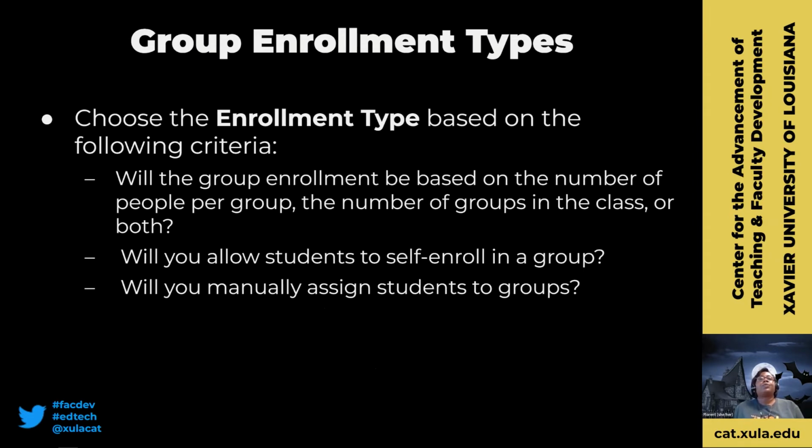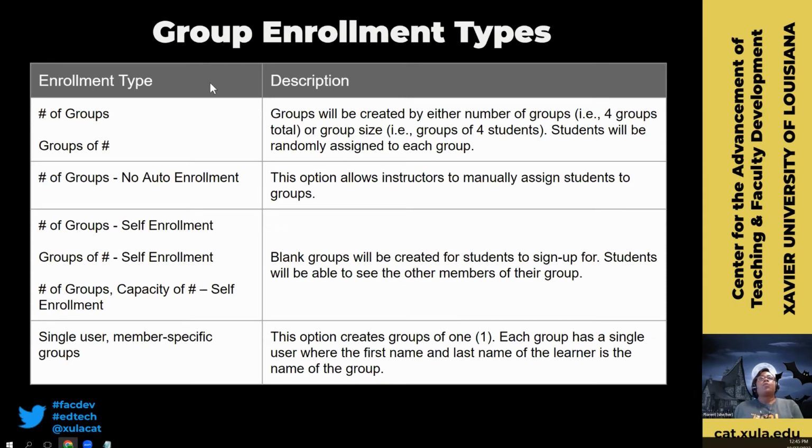Do you want the system to auto-enroll the students? You have to make those decisions. And when you are choosing the enrollment types in Brightspace, it will appear in this format. And like I said, it's basically number of groups or groups of number. Do you want auto enrollment or not? Can the student self-enroll? And so on.